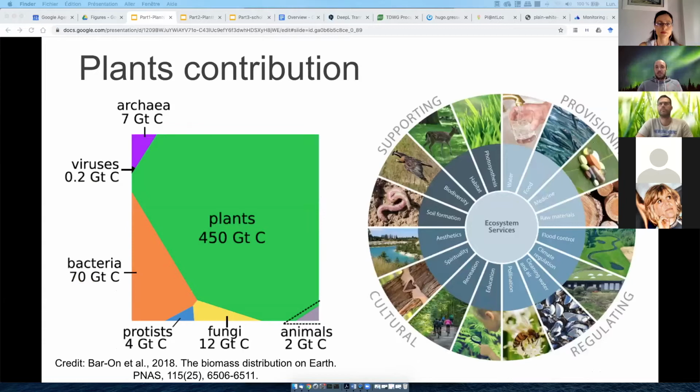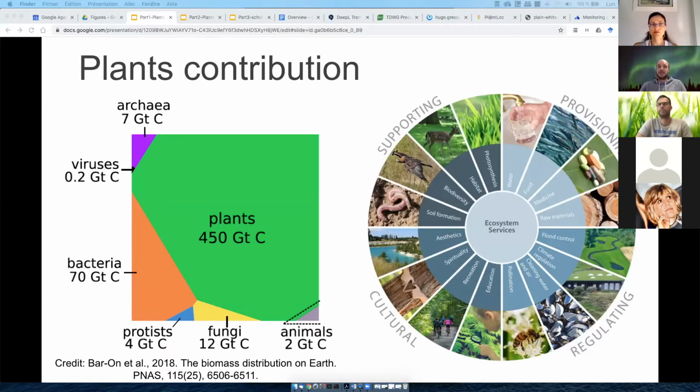So at present, it was recently measured that 80% of the full world biomass is represented by plants, as we can see on the left side of this slide in green, which is far ahead of the bacteria, the fungi, and the animal world biomass.